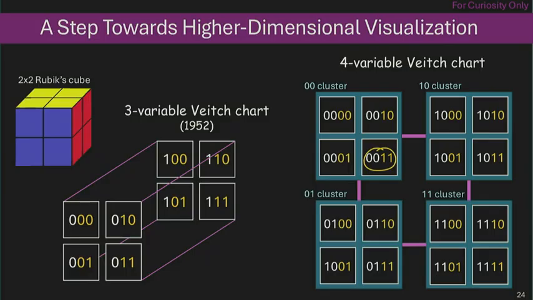So the neighbors go to the top and to the left in the same 2x2 table, and also bottom and right to a different 2x2 table. You can verify that 0011 is adjacent to 1011, 0111, 0001, and 0010. They all differ by only 1 position, so they are neighbors. And this works, but it's just very inelegant.